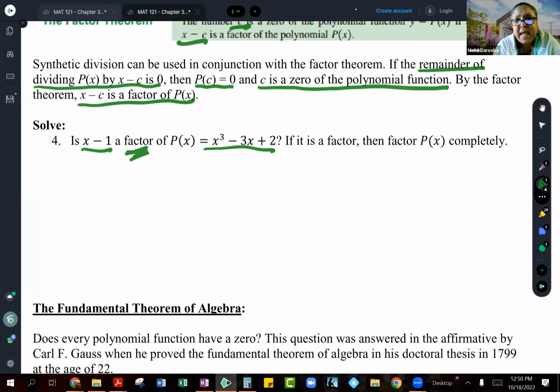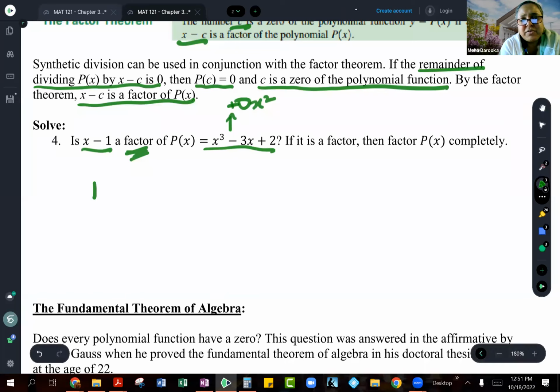Again, we have the square term missing over here, so we're going to go ahead and add 0x squared in the mix. Using synthetic division, you've got x to the third power, which has a coefficient of 1. Your x squared term is missing, so we put a 0 for it. We have -3 for the x term and +2 for our constant term.